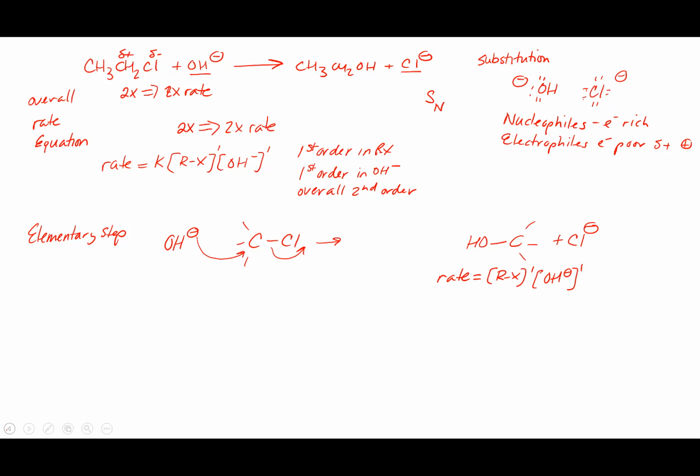And technically, the mechanistic step that has the same rate equation as the overall rate equation is what we would call the rate determining step, the slow step if I have more than one. But in this case, I'm proposing a one-step mechanism, the simplest one I can propose.